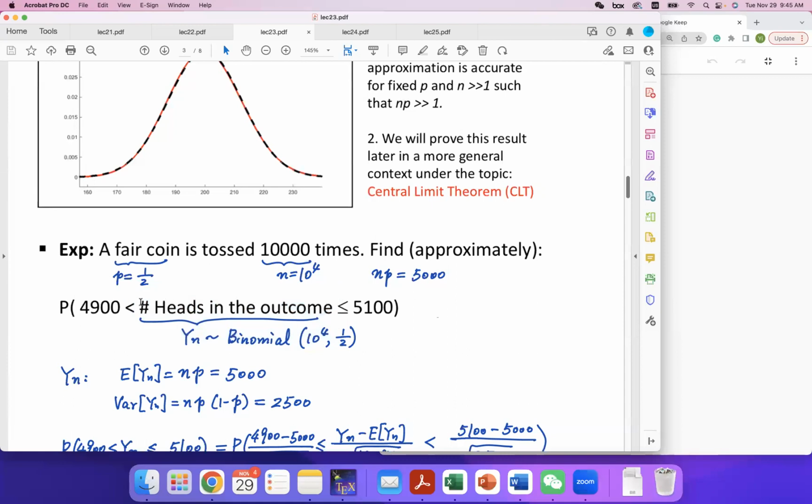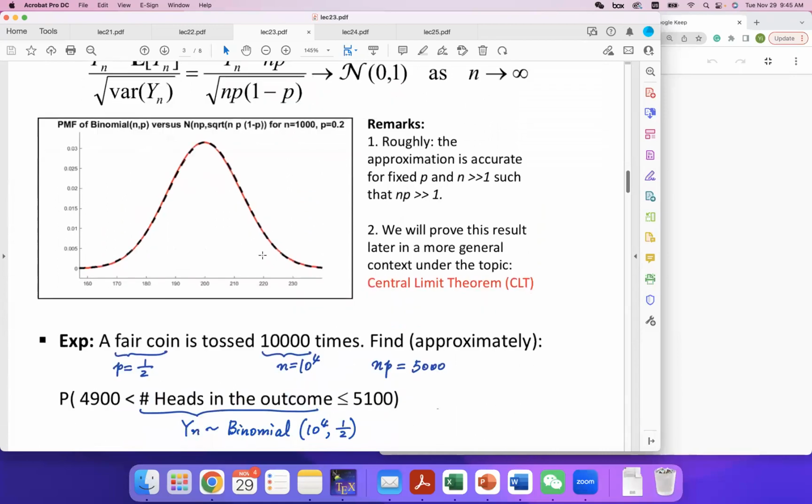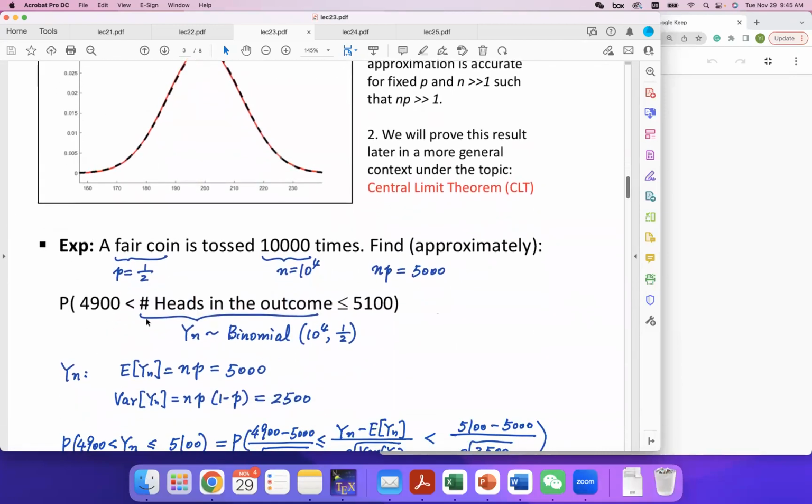And to quantify the probability of this event, we can consider using Gaussian approximation. So first of all, let's denote this total number of heads as Yn, and we know this random variable follows the binomial distribution. It's a standard binomial setup, where the success rate p is 1/2, and the total number of experiments is 10,000.